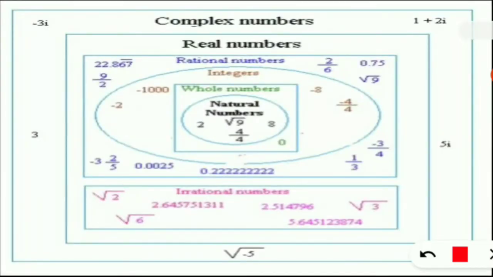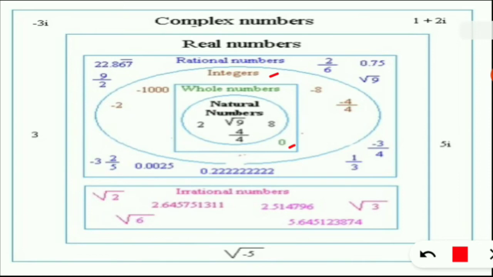Now see this diagram. First one is natural numbers: 2, 4 by 4, that means 1, 8, and why root 9? Because root 9 equals 3. Next, if we include 0, then whole numbers. Next, if we take the negative numbers also, that means minus 2, minus 1000, minus 8, minus 4 by 4, that means minus 1, then these are integers. Clear? And next rational numbers.